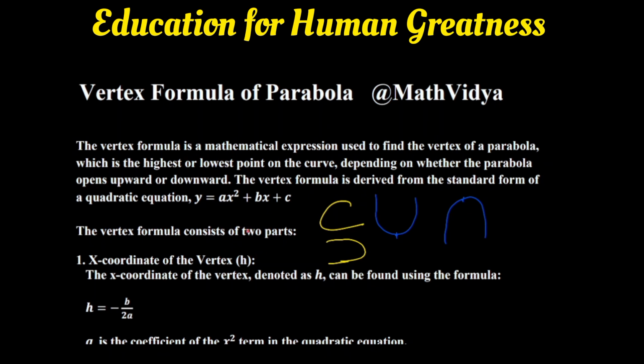So the vertex formula consists of two parts: the x coordinate and the y coordinate. Generally we denote the x coordinate with h and the y coordinate with k. Then h is equal to minus b by 2a.